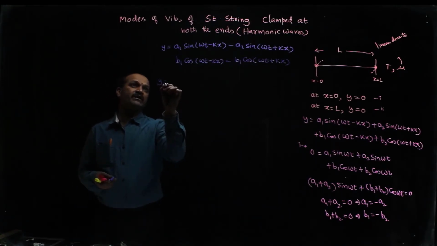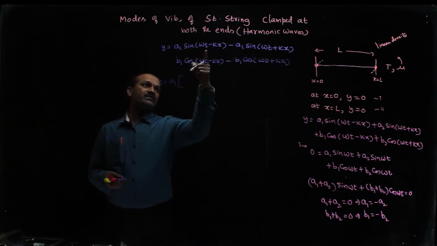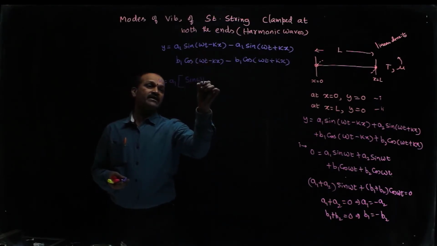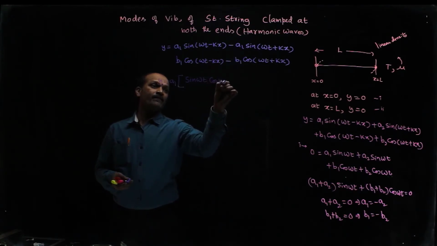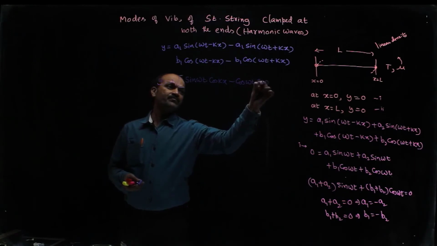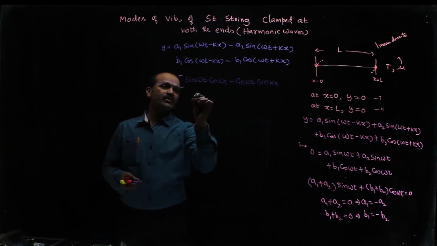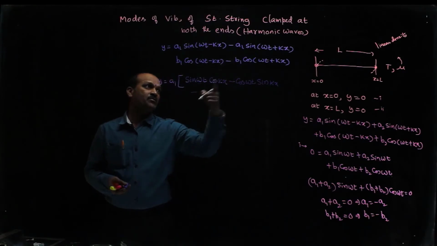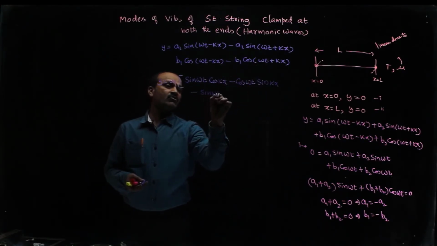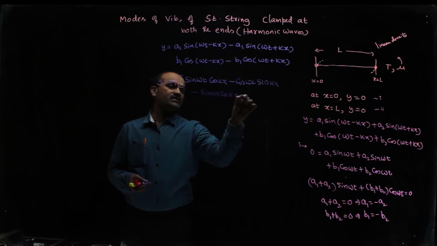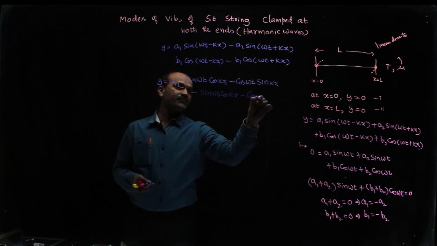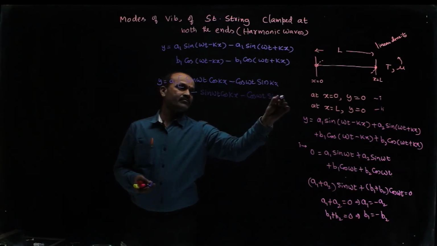Here we can take a1 common. When you expand this, sin(a minus b) is sin a cos b minus cos a sin b, and minus a1 is taken common, sin(a plus b) is sin a cos b plus cos a sin b.